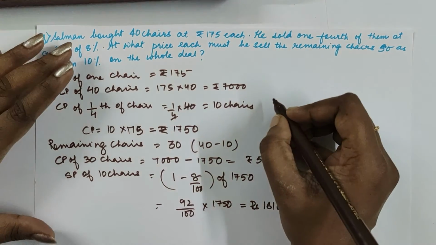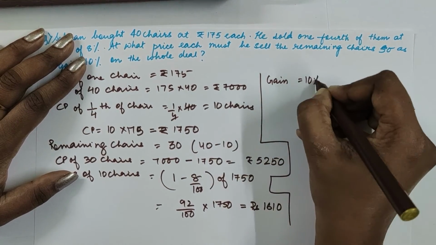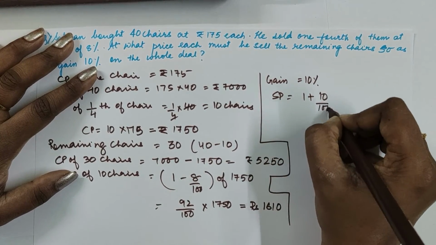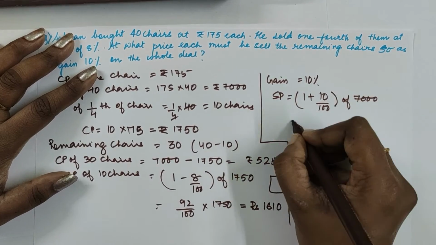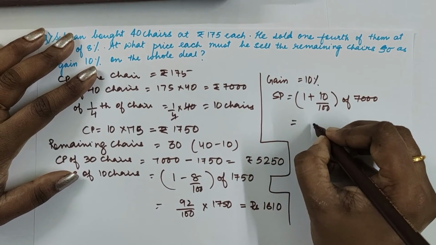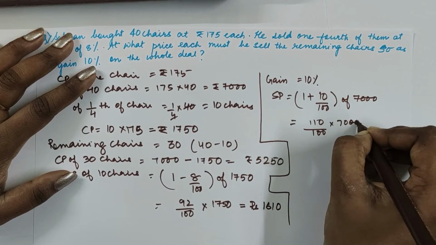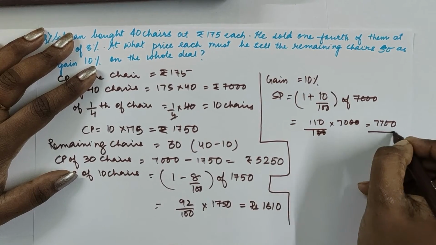So what we can do, for the gain of 10%, the selling price should be 1 plus 10 by 100. This is the formula I had shown you, of 7,000, which is equal to 110 into 7,000, that is 7,700.